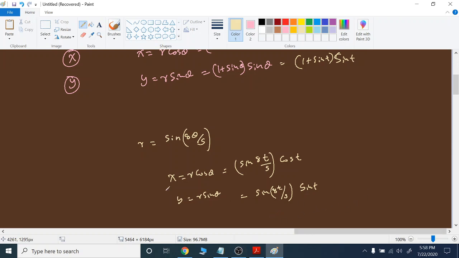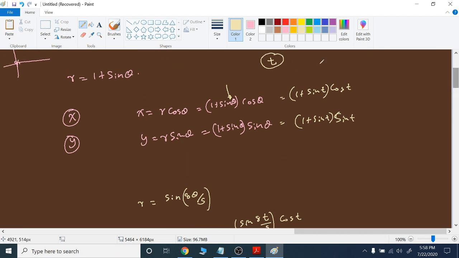Basically what you should ask yourself is, how many cycles do you need before repeating happens? Like, how many complete rotations are required until the curve starts to repeat itself. Remember, r is a function of theta, which is sine 8 theta by 5.